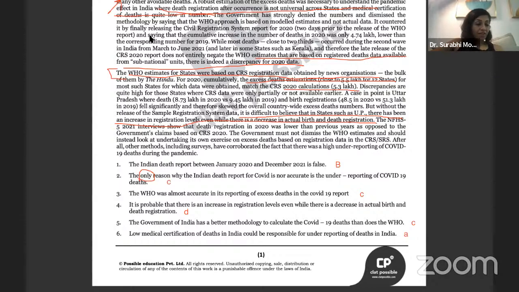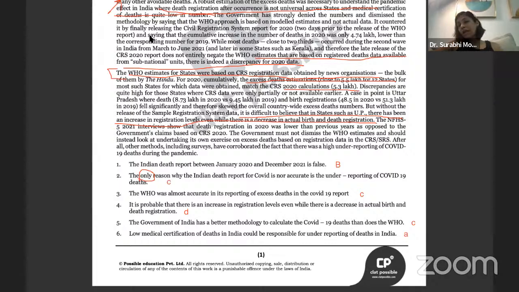In question 5, it cannot be B because just because India is trying to counter the methodology of WHO does not mean that the author thinks India is in a better position to calculate the deaths. Himang, that's the response of India. That is not what the passage is trying to tell us.